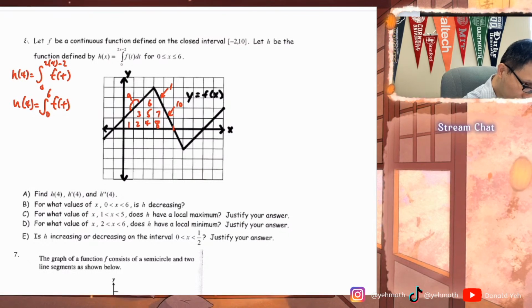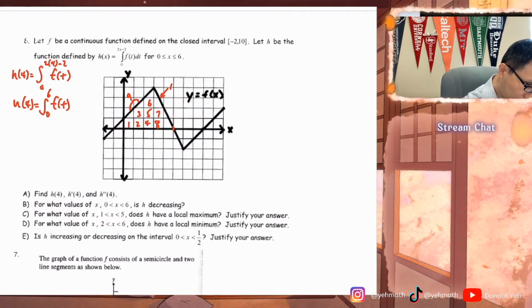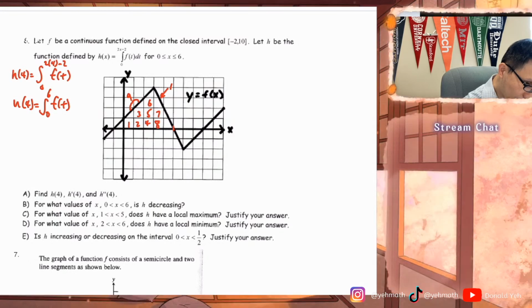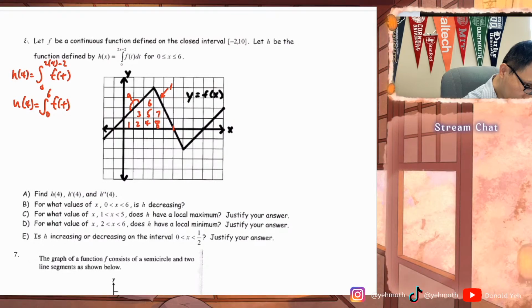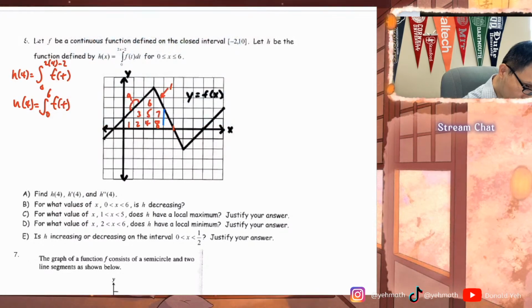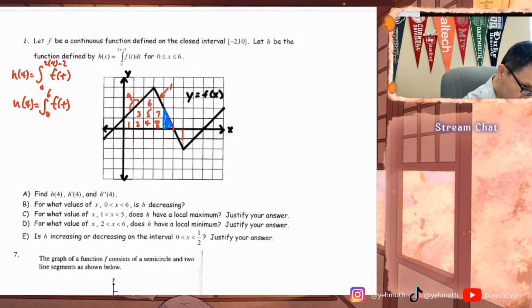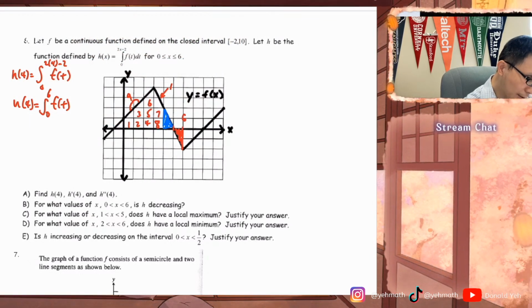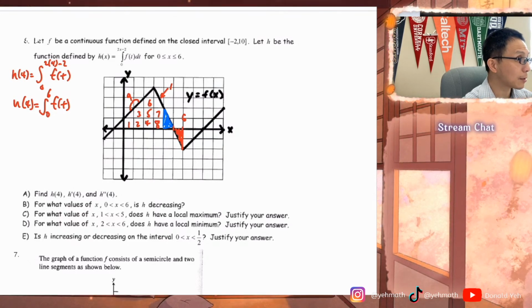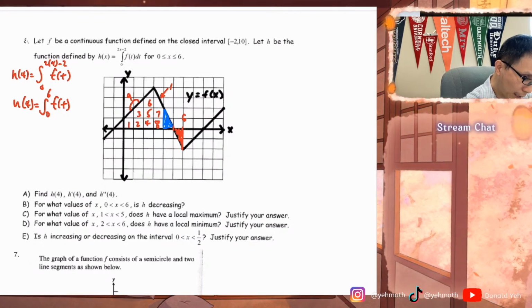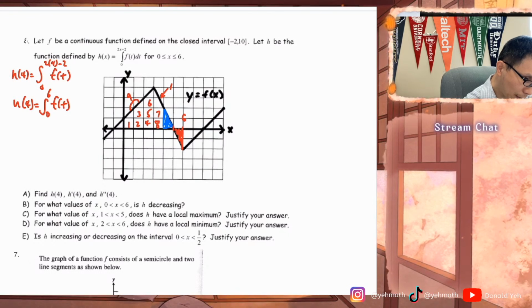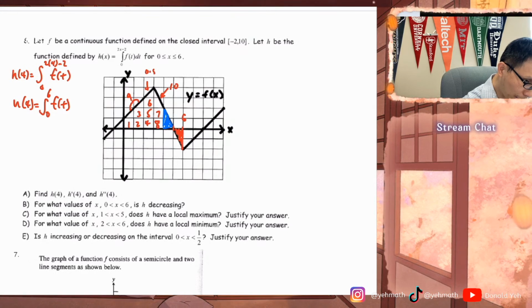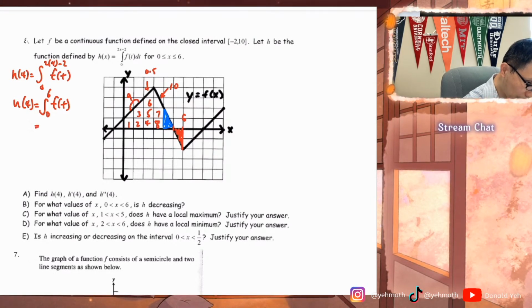Oh, I don't count this part, sorry. This part will cancel out between this part and this part. Do you see that canceling part? Because we go all the way to 6, and that part cancels out. Does that make sense? So that's going to be 1, 2, 3, 4, 5, 6, 7, 8, 9, 10. And this is going to be 0.5. So the answer is h of 4 is going to be 10.5.